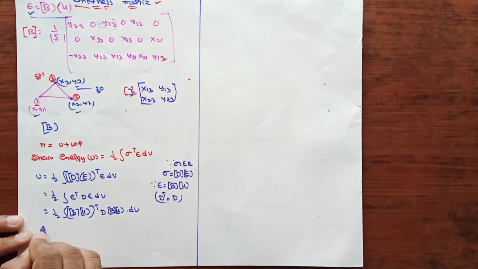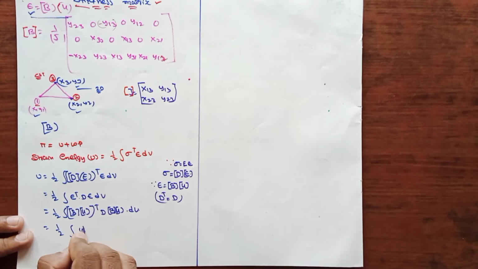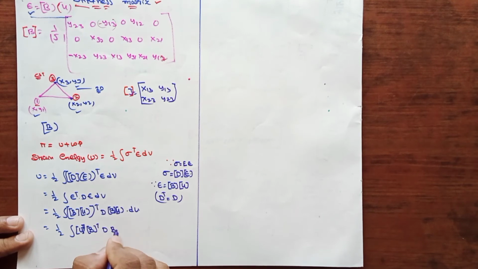Now if we rewrite this equation, it can be written as the integral of U transpose into B transpose into D matrix into B into U into dV. All are matrices only.